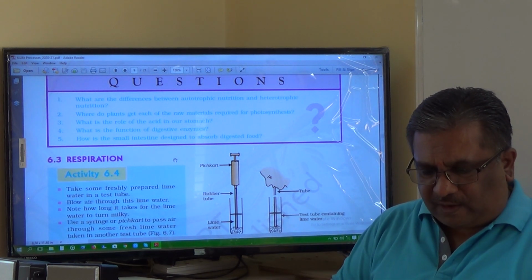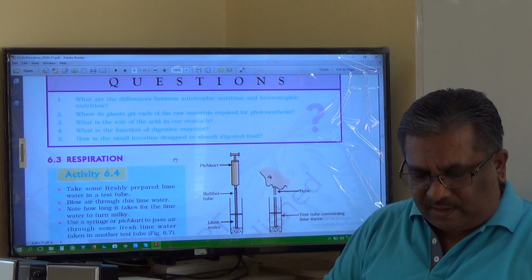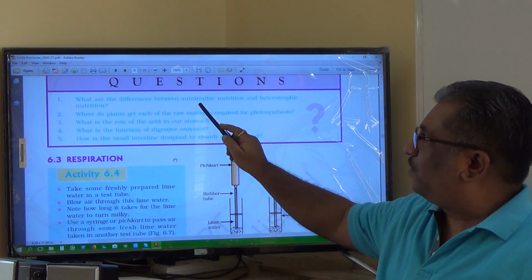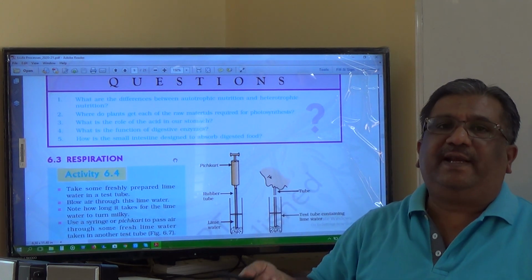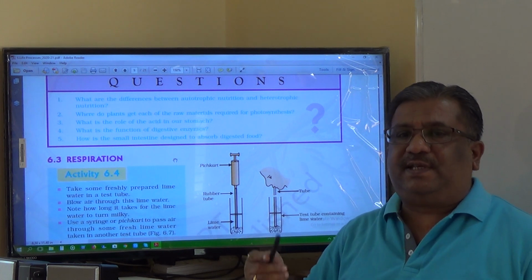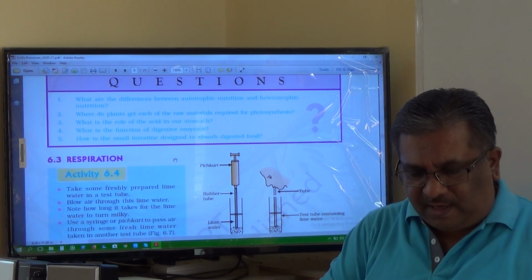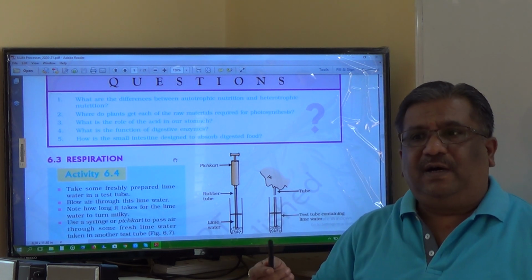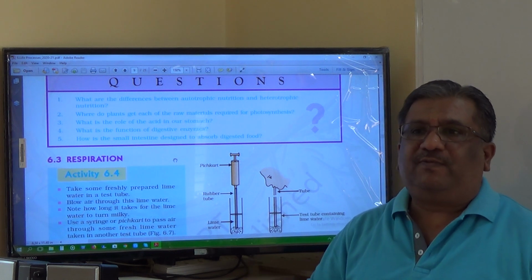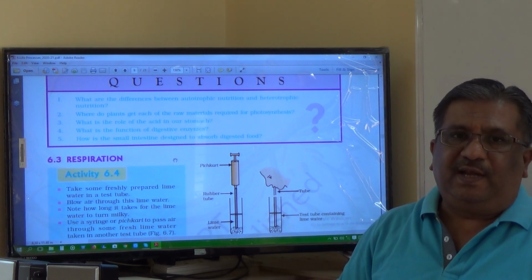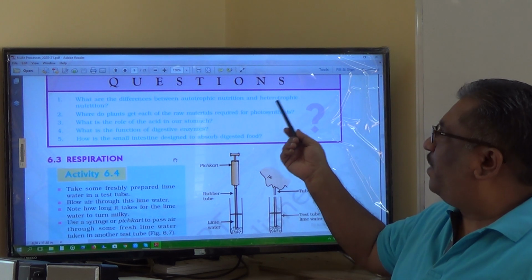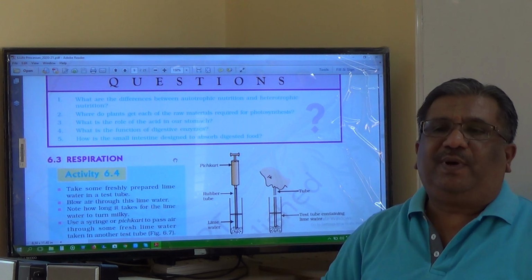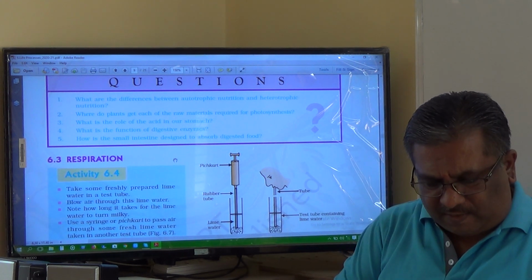Autotrophs depend upon simple inorganic substances such as CO2 and water, whereas in heterotrophic nutrition, organisms depend on complex organic molecules, because all food is made up of complex organic compounds. So the food consumed by heterotrophs is complex in nature, and autotrophs depend upon simple inorganic substances.